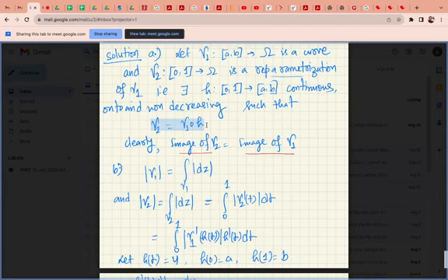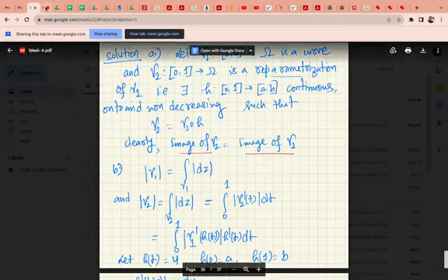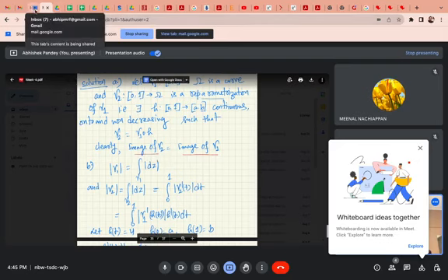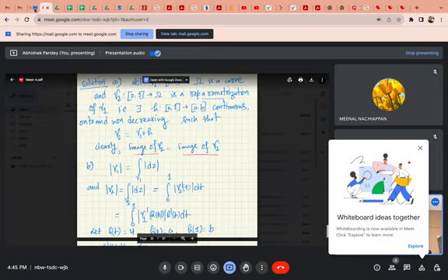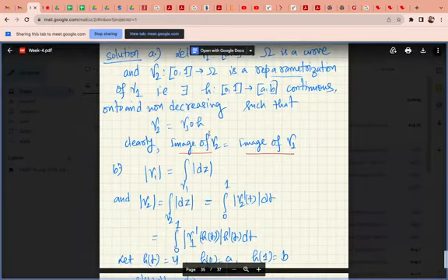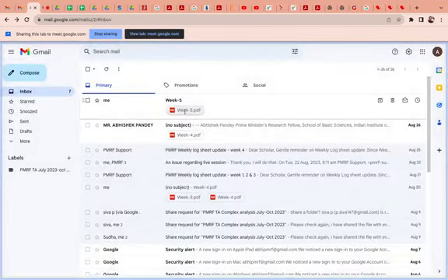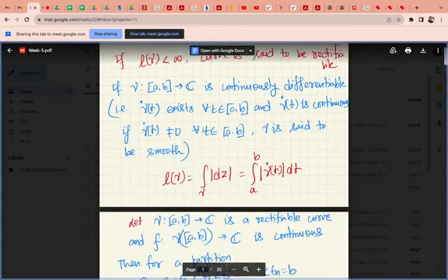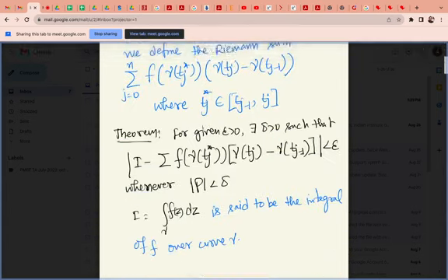Now if you take any continuous function, let me go to the definition of this one.